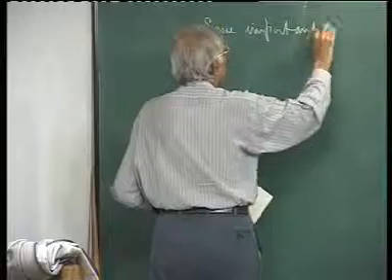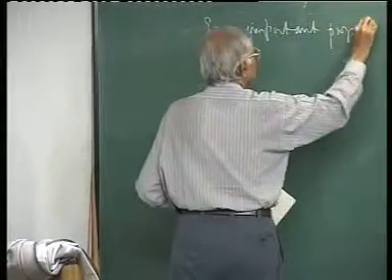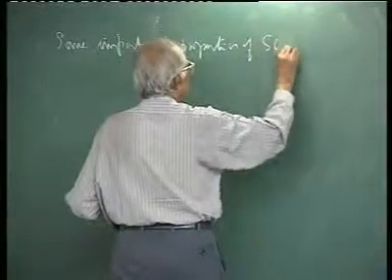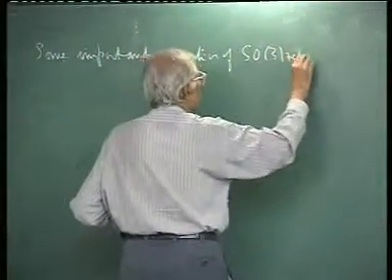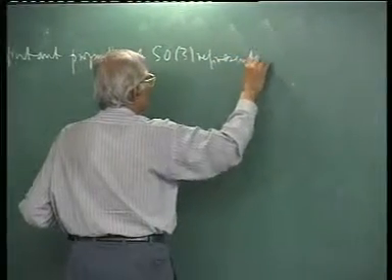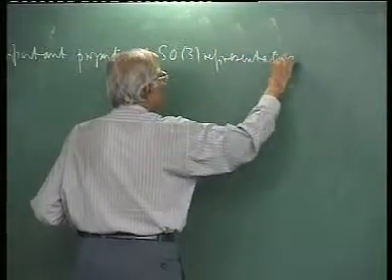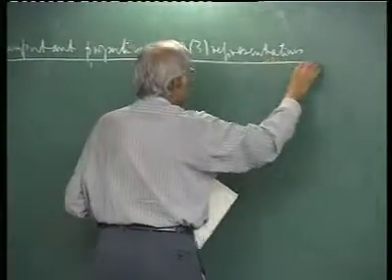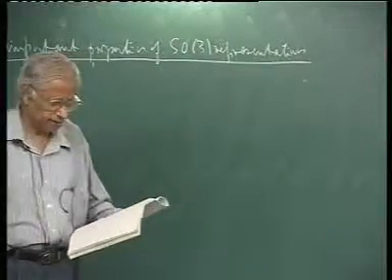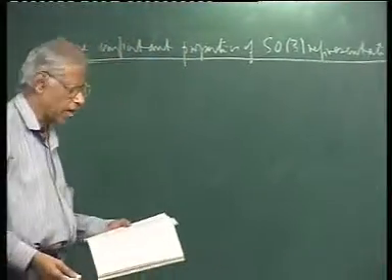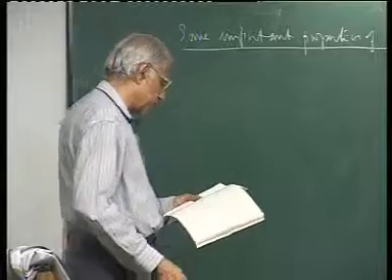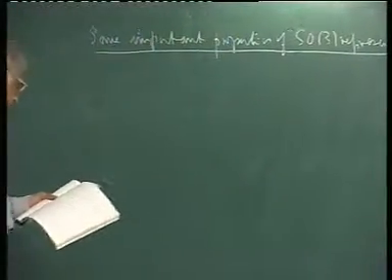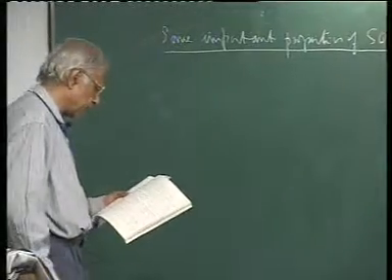Some important properties of SO(3) representations. Here I will not be giving derivations of the statements that I am making. I am listing those properties which I think are important, which every one of you should try and appreciate, and find the proofs or the derivations in different textbooks available to you.